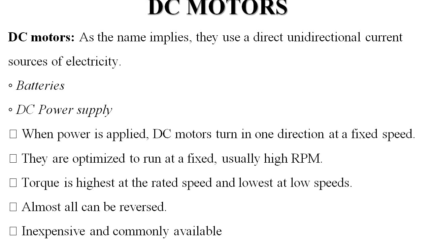They are optimized to run at a fixed and usually high RPM. Torque is highest at the rated speed and lowest at low speeds. Almost all DC motors can be reversed. DC motors are inexpensive and commonly available.